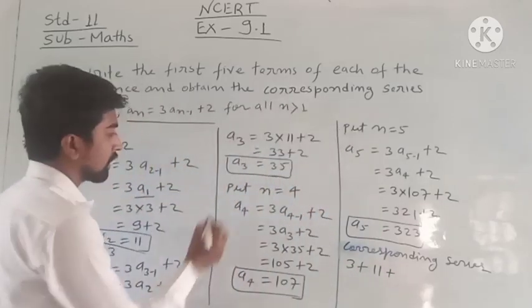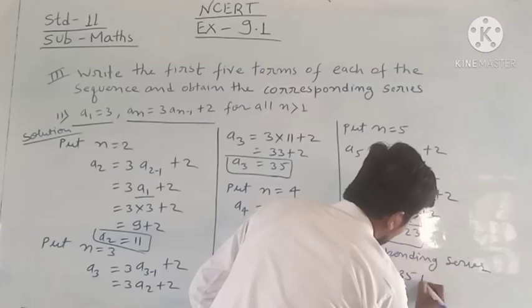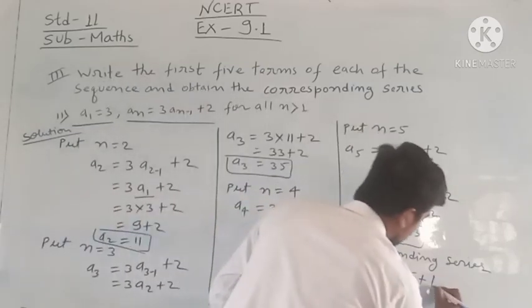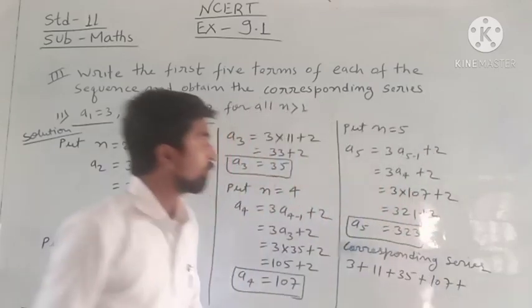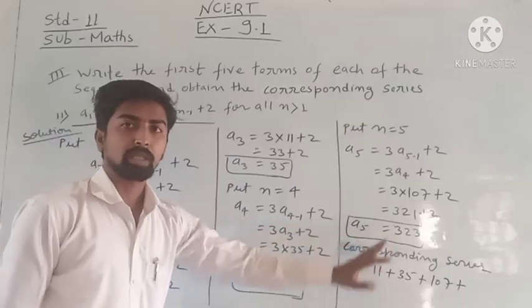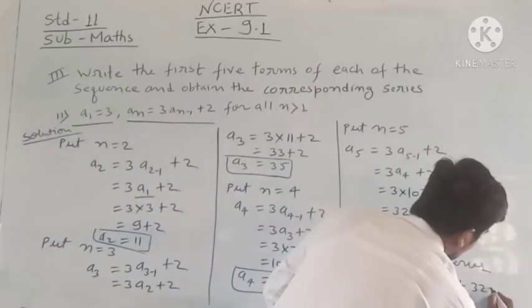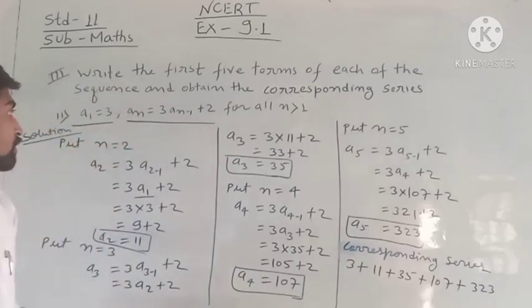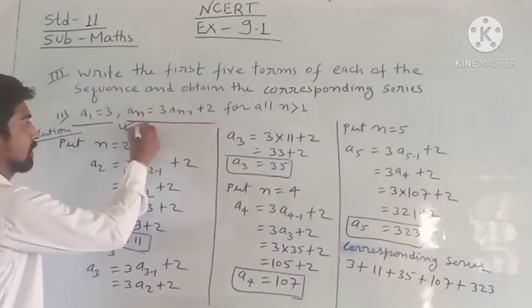What is third term? Third term is 35 plus fourth term. What is fourth term? It is 107 and plus fifth term. What is fifth term? Fifth term is 323. This is corresponding series of corresponding sequence.